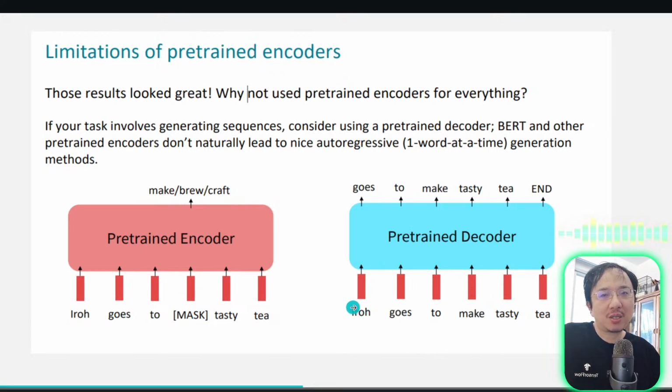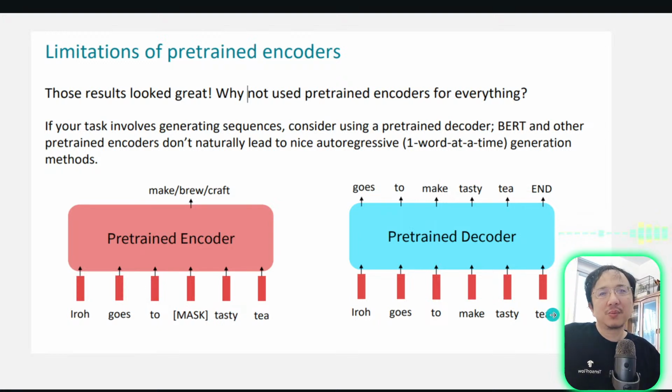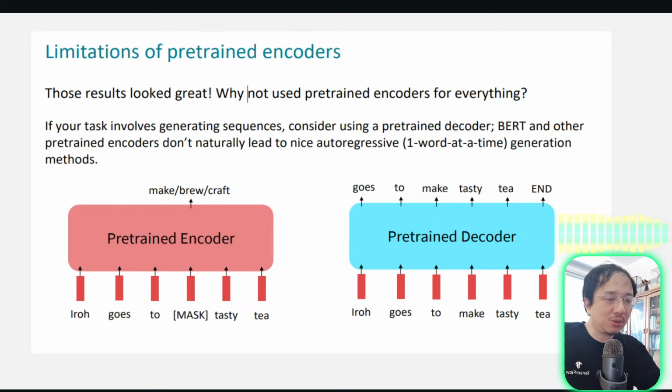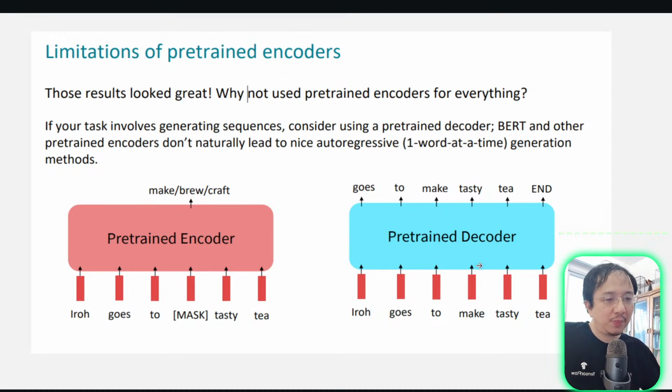If we want to start from the first tokens and go on, we will have 1, 2, 3, 4, 5 masks, and we don't even know how long it will go. So it is doable, and you can try to find some algorithm to make it generate text, but it is not designed to do that. That's why people use the GPT approach, the auto-regressive approach, which is more popular in today's generative AI models.